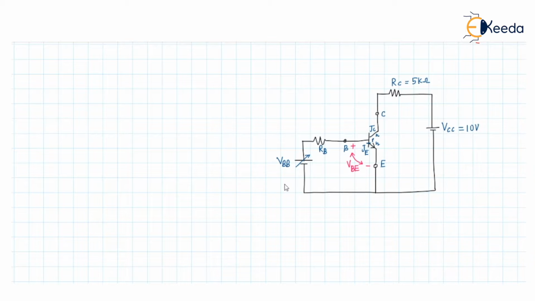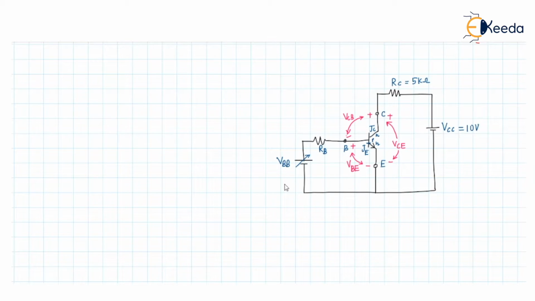Similarly, the voltage between the collector and the emitter can be written as VCE voltage, and the voltage between the collector and the base can be written as VCB voltage.